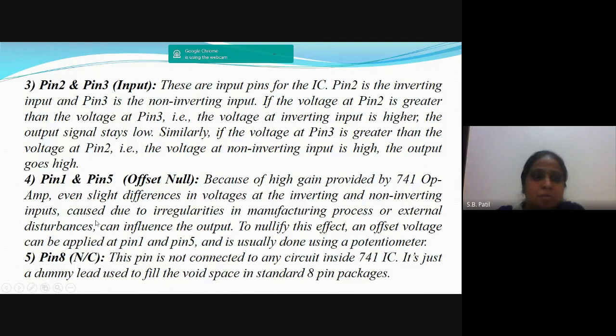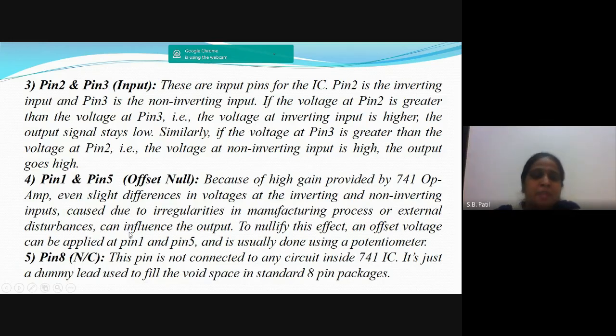Then we have pin number 1 and pin number 5, which are called offset null. Because of the high voltage gain provided by the 741 operational amplifier, even a slight difference in the voltage at the inverting and non-inverting inputs, caused by irregularities in the manufacturing process or external disturbances, can influence the output.